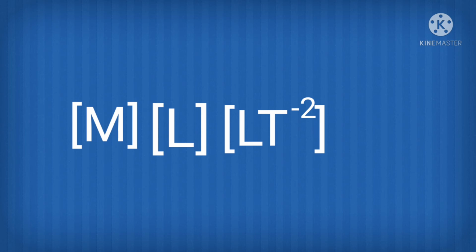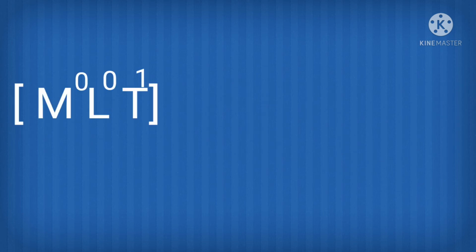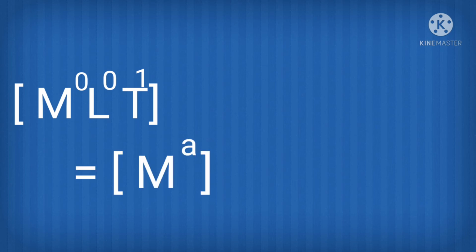So we can write M power A, L power B and LT power minus 2 the whole power C. For time period also we can put it in MLT form. So M power 0, L power 0, T power 1 equal to M power A.